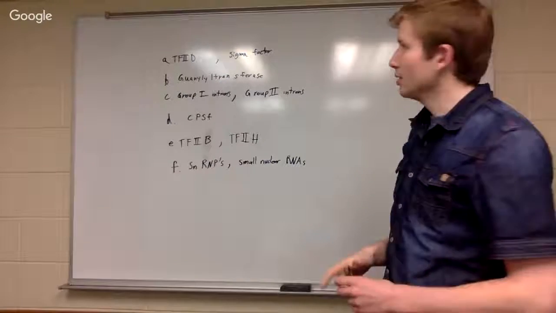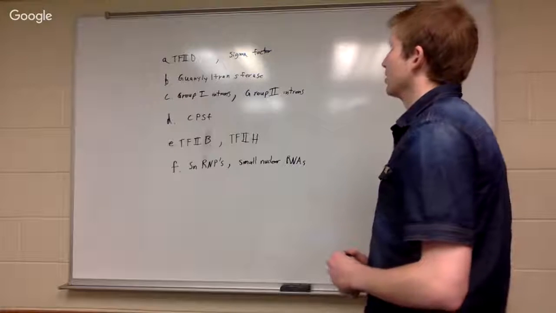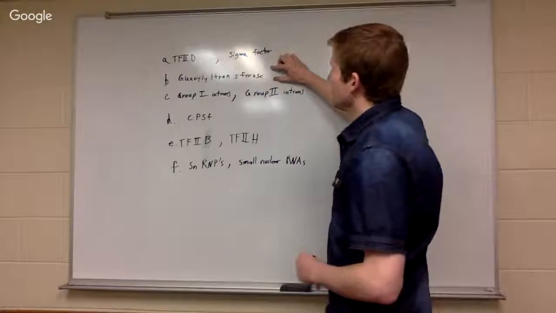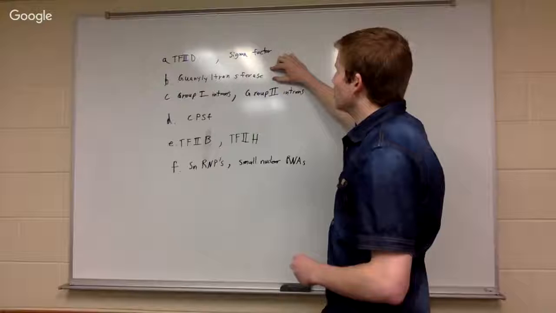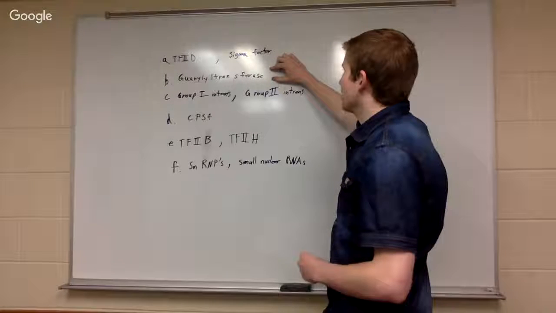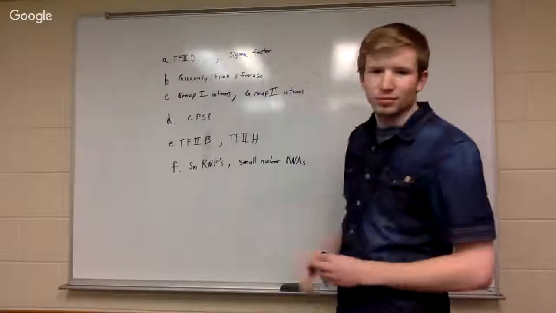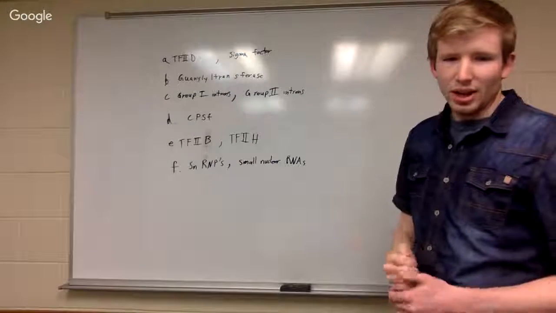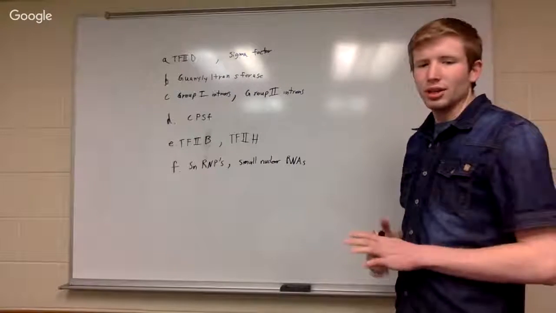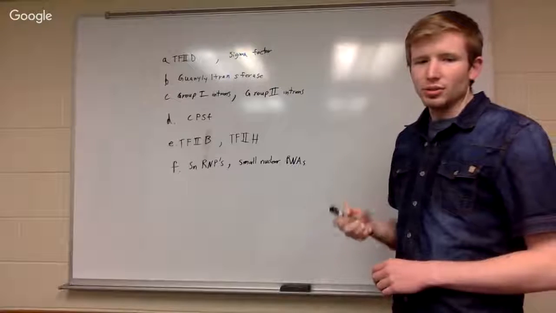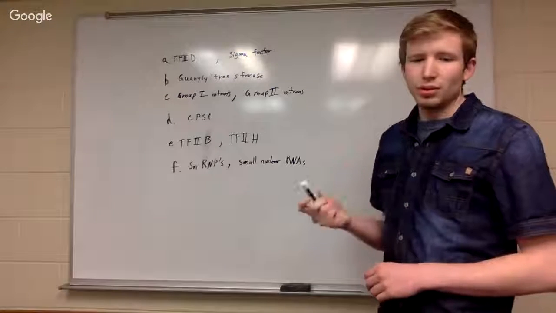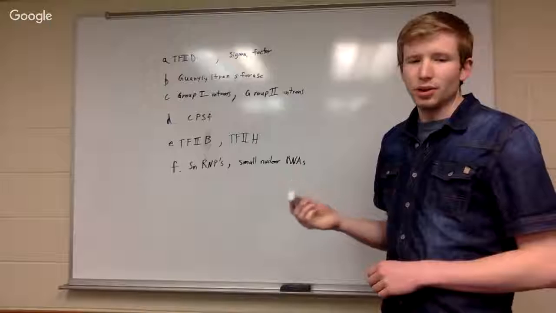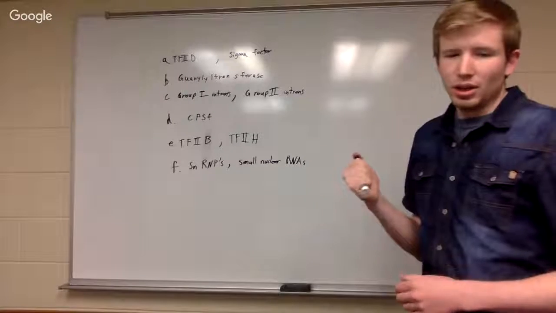And then for B, we have this long name, the guanylyltransferase, which is in the eukaryotic enzymes that links the 5 carbon of one nucleotide to the 5 carbon of another nucleotide.